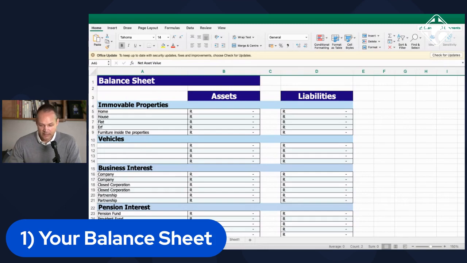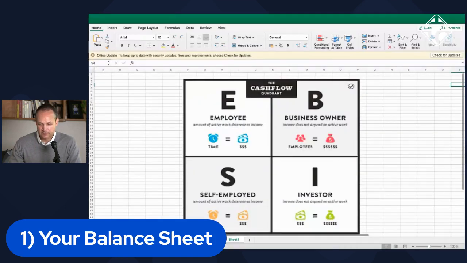So for me to piggyback on Robert Kiyosaki, he popularized this cash flow quadrant. The goal that we need to work towards financial independence is moving from the left quadrant to the right side of the quadrant. So let's just quickly zoom into that. Top left quadrant is when you are an employee.